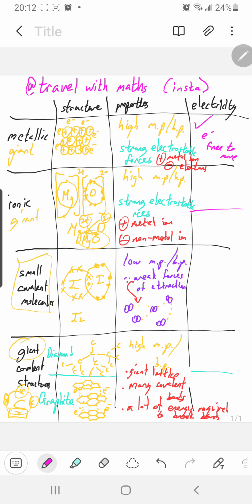Ionic structure, in solid state, although you have positive ions and negative ions, they're not free to move around, so they do not conduct electricity, but they do in molten or aqueous state, because you have positive ions and negative ions free to move.